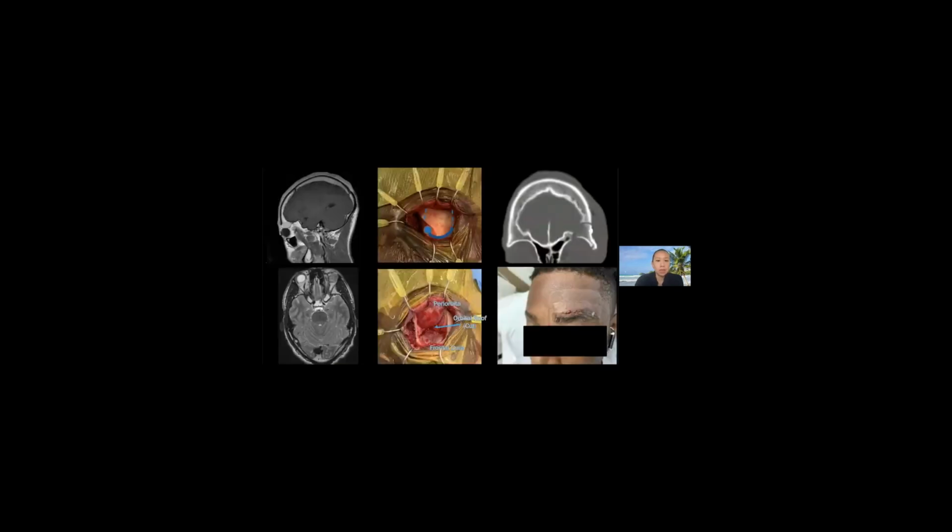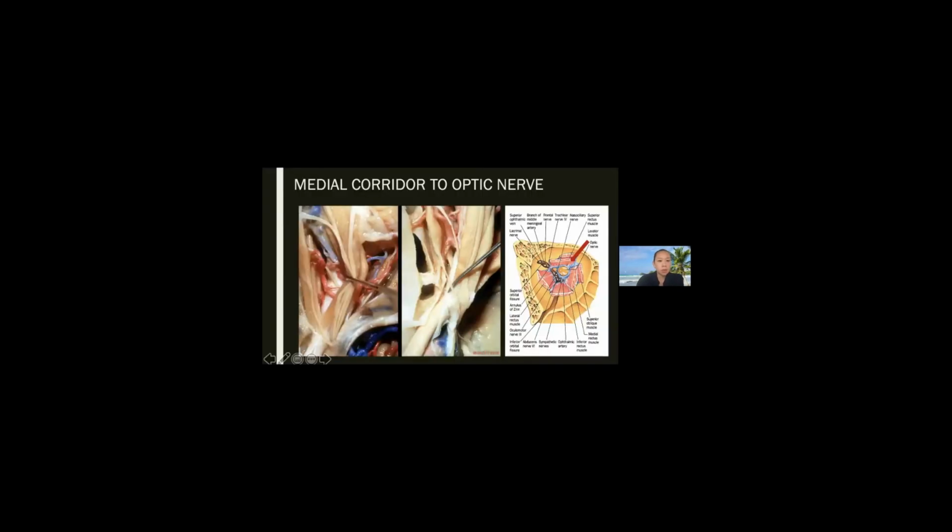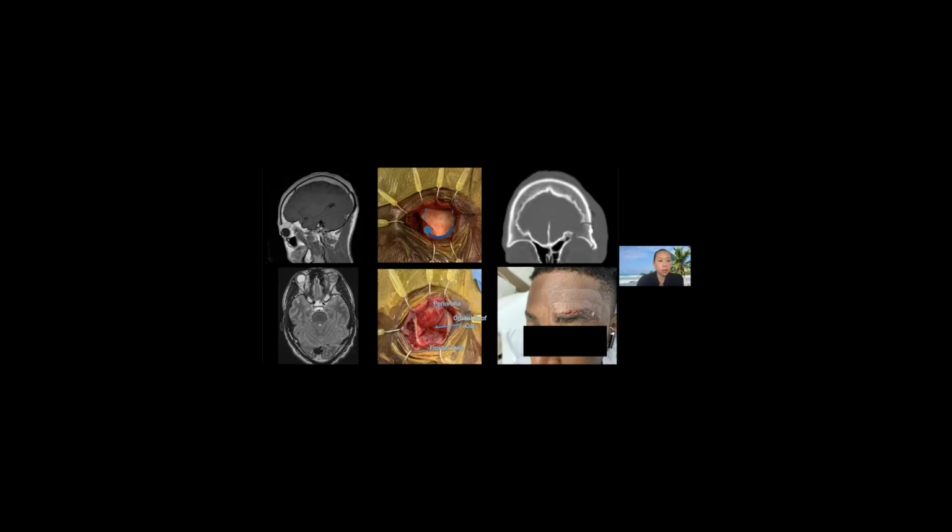This is an example of a case where there was an anterior lateral cavernous hemangioma. An eyebrow incision was done, and the superior roof of the orbit was taken. Here again, you can see the keyhole is placed in the typical pterional region with the temporalis muscle dissected down.